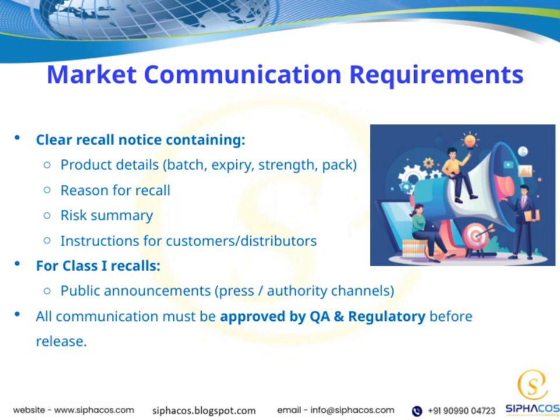And finally, I can't stress enough that all communication must be approved by the QA and regulatory teams before release. This ensures accuracy, consistency, and compliance with regulatory standards. Overall, these requirements help us manage recalls effectively, protect consumers, and maintain trust in our products.